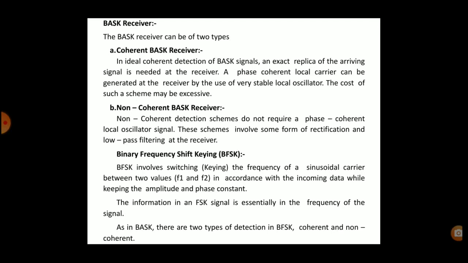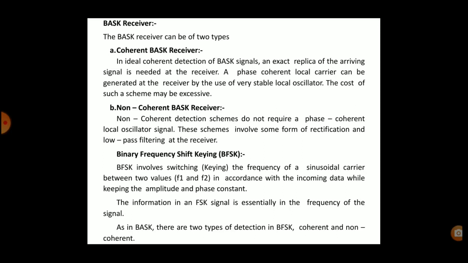BASK receiver. A BASK receiver can be a coherent BASK receiver or a non-coherent BASK receiver. In ideal coherent detection of BASK signals, an exact replica of the arriving signal is needed at the receiver. A phase coherent local carrier can be generated at the receiver by the use of a very stable local oscillator.